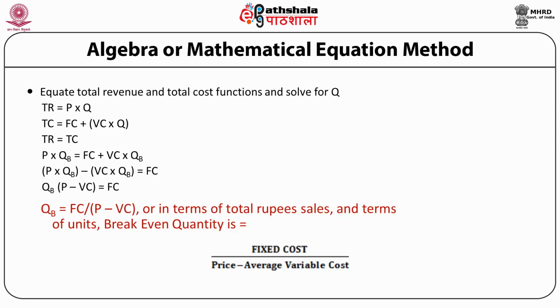Then if we take Q out of this equation, it becomes Q into (P minus average variable cost) equal to fixed cost. So the break-even quantity, Q, is equal to fixed cost divided by P, the price of the goods, minus average variable cost. Price minus average variable cost is nothing but contribution per unit. So break-even point is equal to fixed cost divided by price minus variable cost.